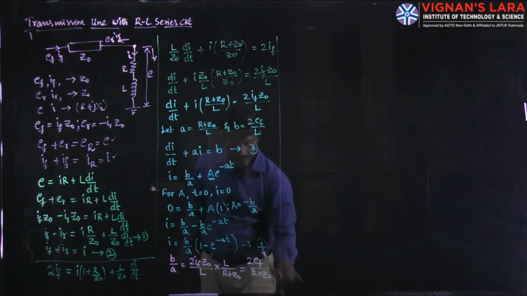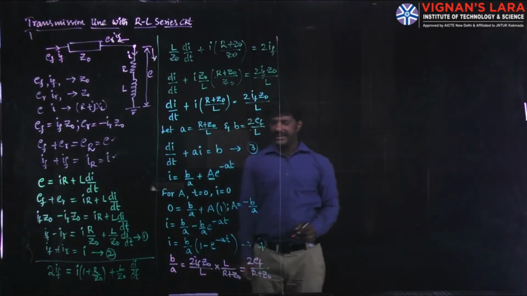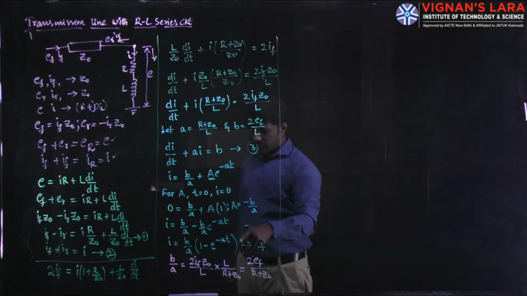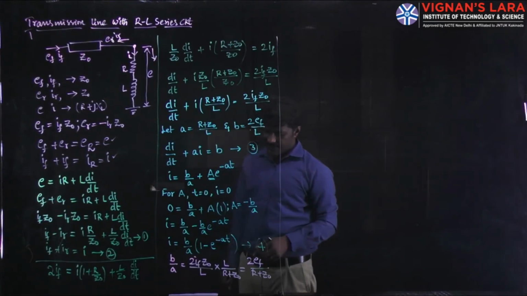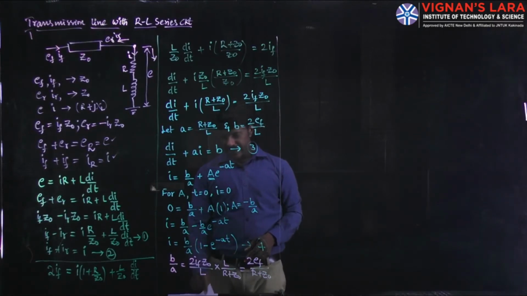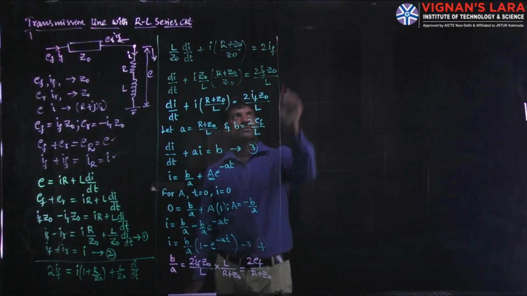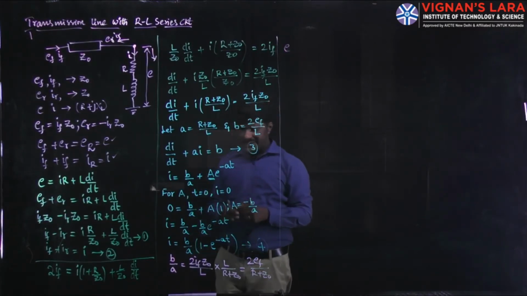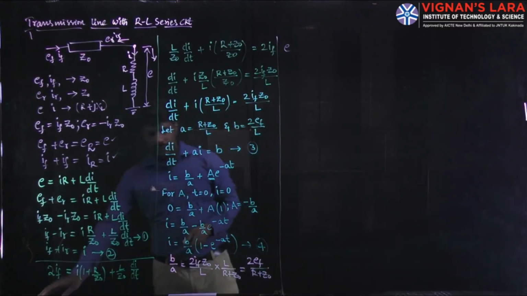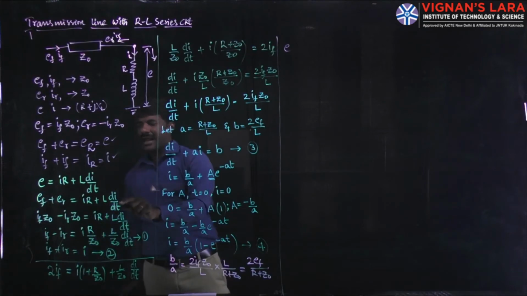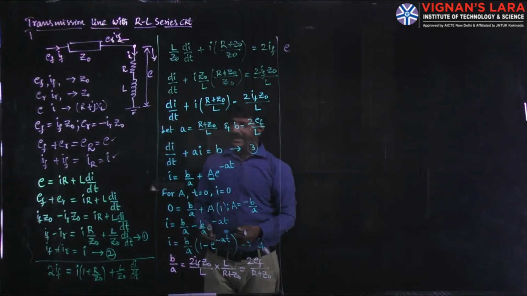So the current magnitude is known to us, whose value is I is equal to B by A into 1 minus e to the power minus AT. With the known value of this I, we can get the overall expression for the voltage across the load, E. You can observe that E is equal to I into R plus L di by dt.